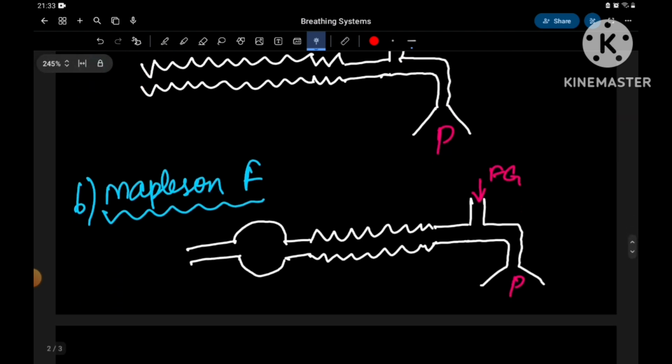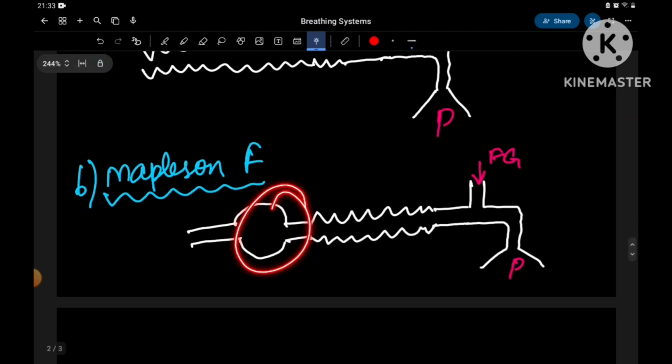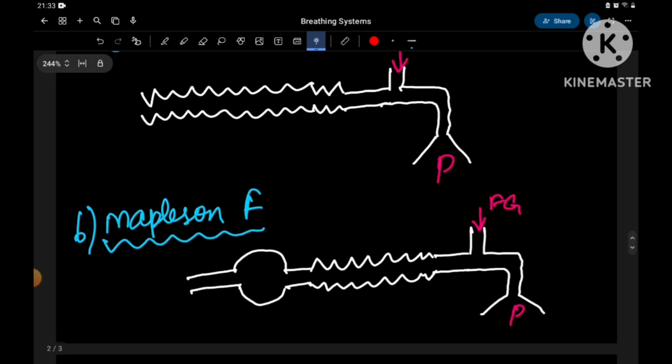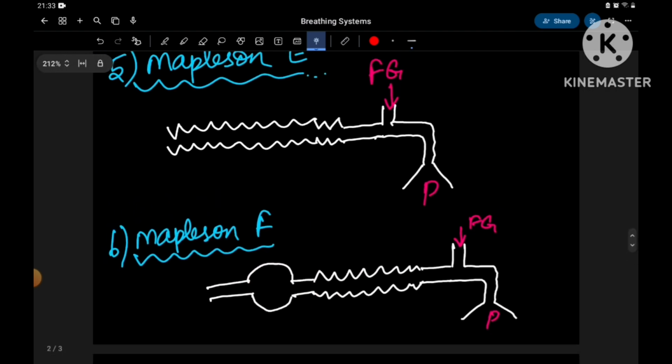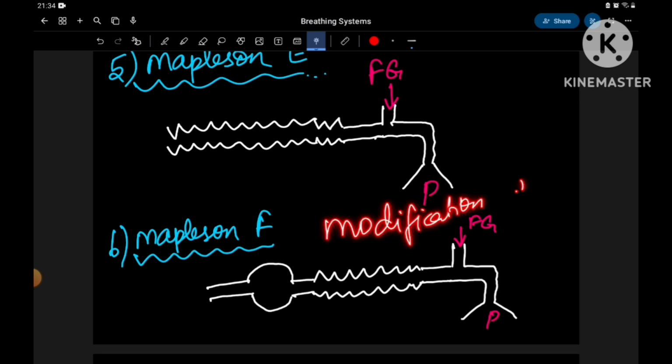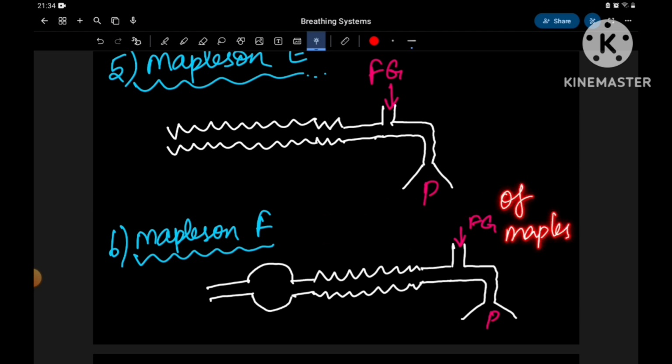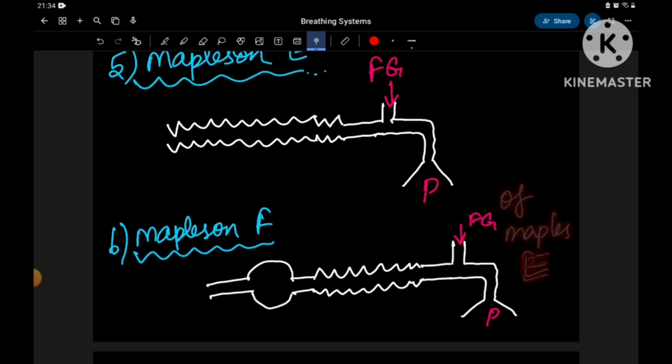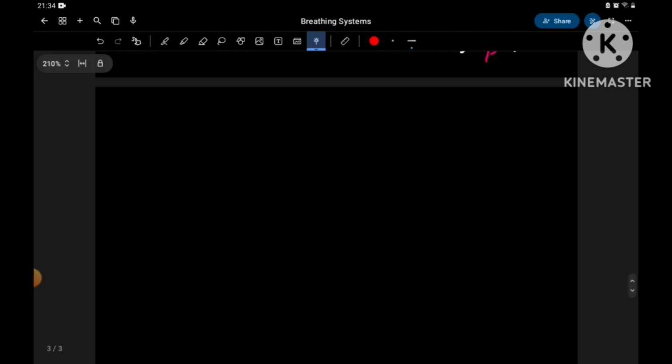And F, there is reservoir bag, but it is a modification of this MAPLESON E. See, if a reservoir bag is added to MAPLESON E, it becomes MAPLESON F. Thereby, it is called a modification of MAPLESON E. Okay, so let's note these points.